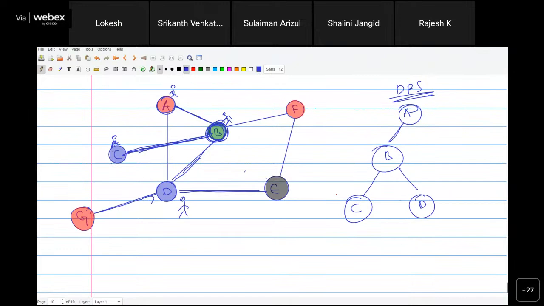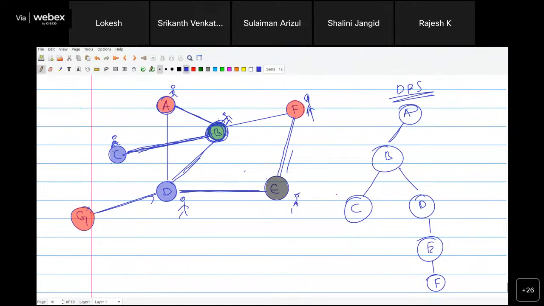And from D, I will go to the next alphabetical unexplored vertex. So I will go to E. From D I will go to E, and from E I will go to F. See, once I reach F, I no longer have unexplored vertices adjacent to F. So I will come back to E, the next nearest junction.